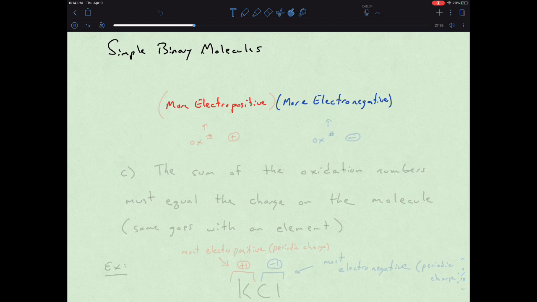And so that's just our simple binary type molecule. So the oxidation number would be positive for our most electropositive, while our oxidation number is going to be negative for the more electronegative species.